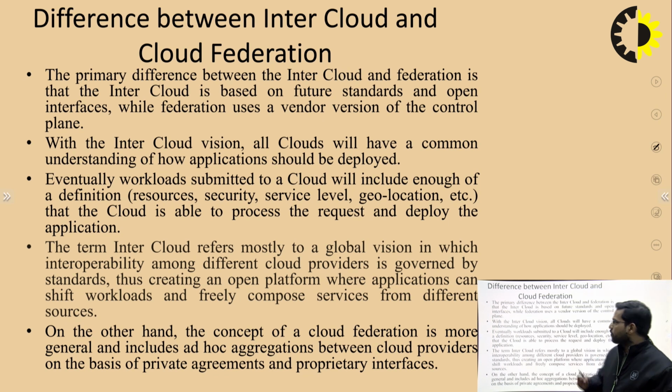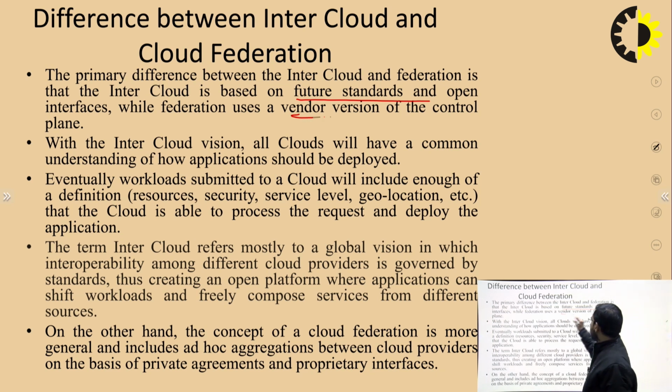So what is the difference between intercloud and cloud federation? The primary difference is that the intercloud is based on future standards and open interfaces, while federation uses a vendor version of the control plane.